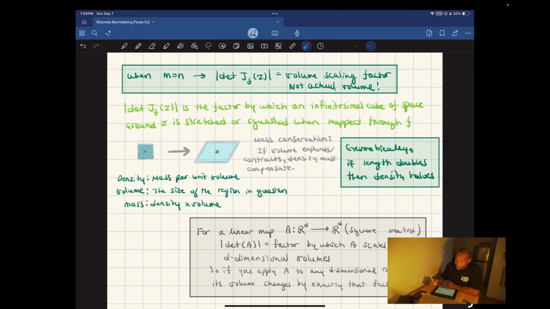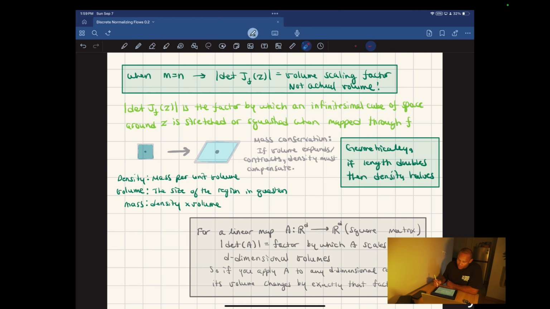The determinant of the Jacobian, which is a linear approximation of your map F around a small neighborhood, determines how this volume has scaled from its original size.